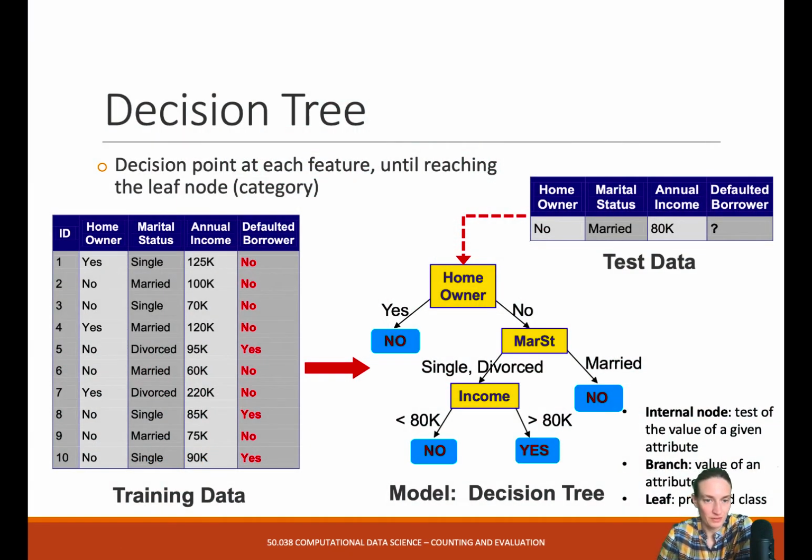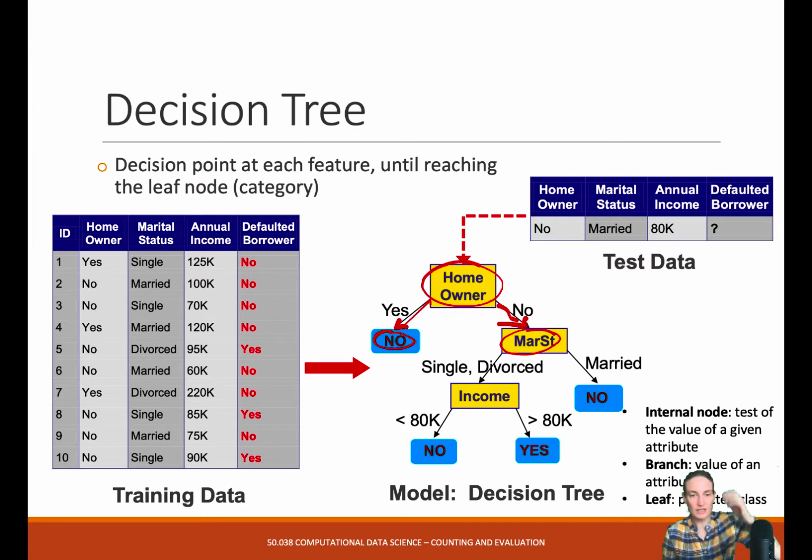Here's a picture of a very small decision tree. As you see, it consists of nodes, the square boxes, branches and leaves. Okay. The leaves will be our eventual predicted classes. The nodes will be tests of a value, meaning of an attribute, and the branches will be the respective values that we're testing for that particular attribute.